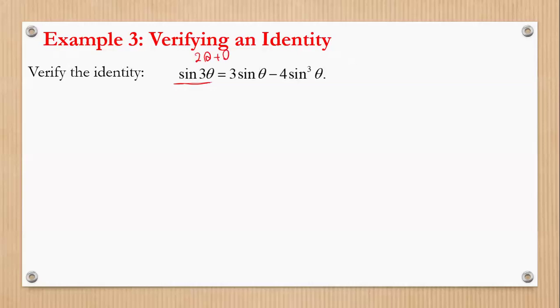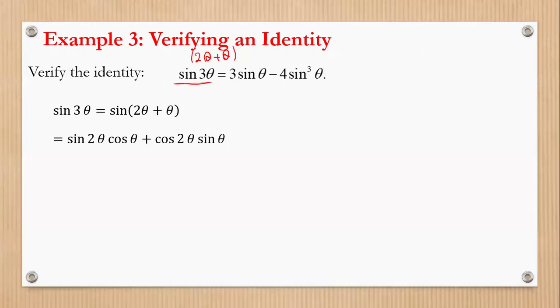I can rewrite this as the sine of 2 theta plus theta. Now I have a sum of 2 angles, and I can use the formula for the sum of 2 angles, which is the sine of the first angle times the cosine of the second angle, plus the cosine of the first angle times the sine of the second angle.